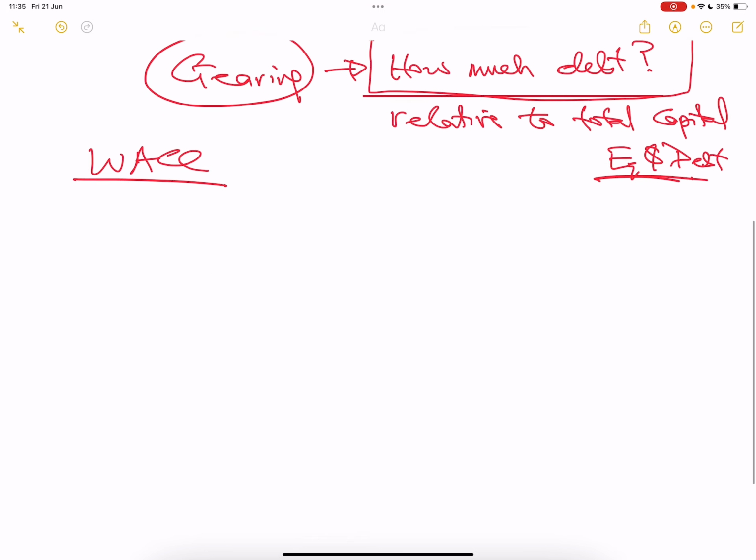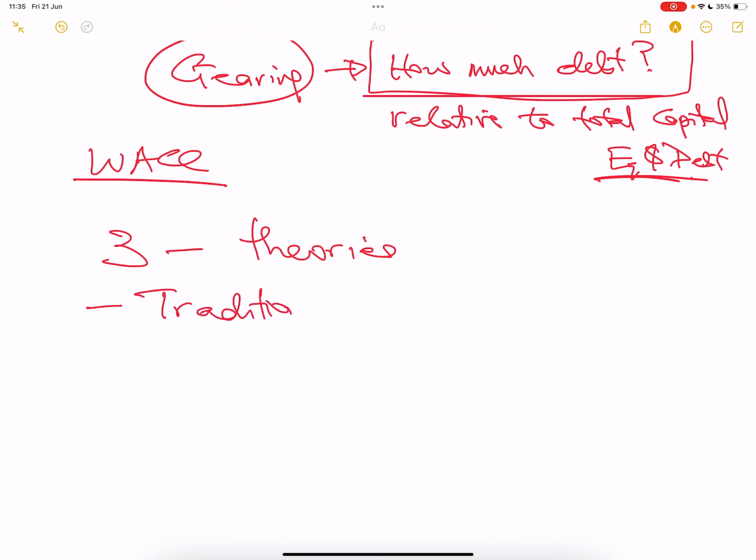And in this, we'll be looking at three theories. The first one is the traditional theory, because people said different things about the impact of debt on WACC. Remember, we know that WACC is the weighted average cost of capital, which means weighting debt, weighting equity, and all of that together. However, there have been different views on how this can affect WACC beyond the simple calculation that we are doing.